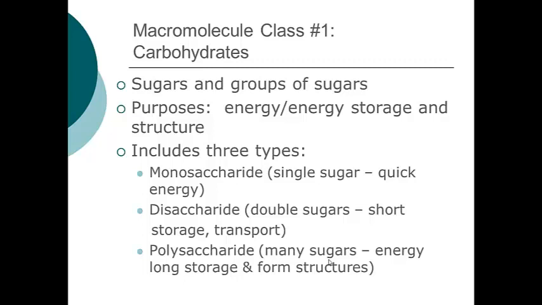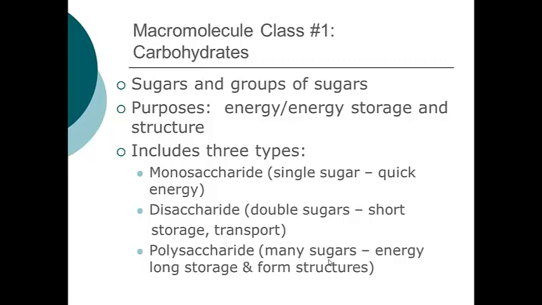Disaccharides are double sugars. They're sugars where we have two monomers stuck together, two monosaccharides stuck together via dehydration. They tend to be useful for short-term storage, but they're also a means by which the body will frequently transport sugars from place to place. Or in this case, it could be a plant. It probably would be more likely to be a plant, actually.